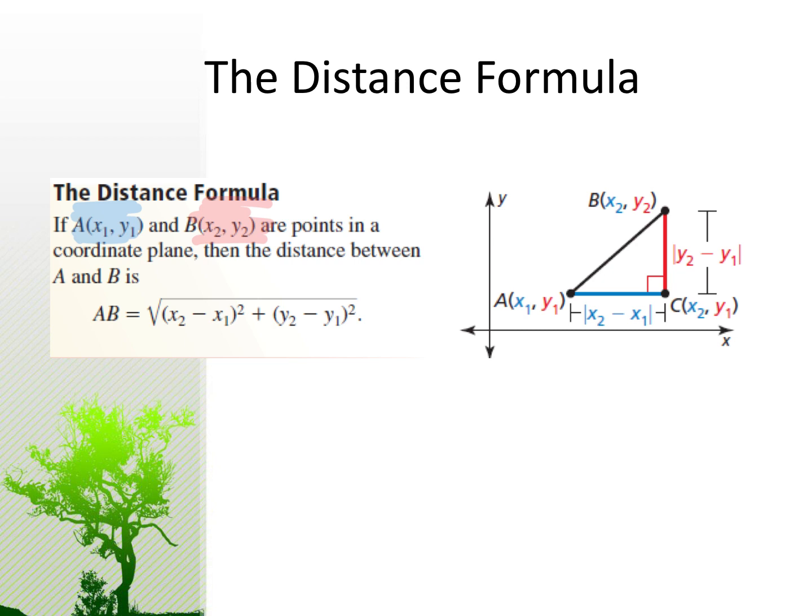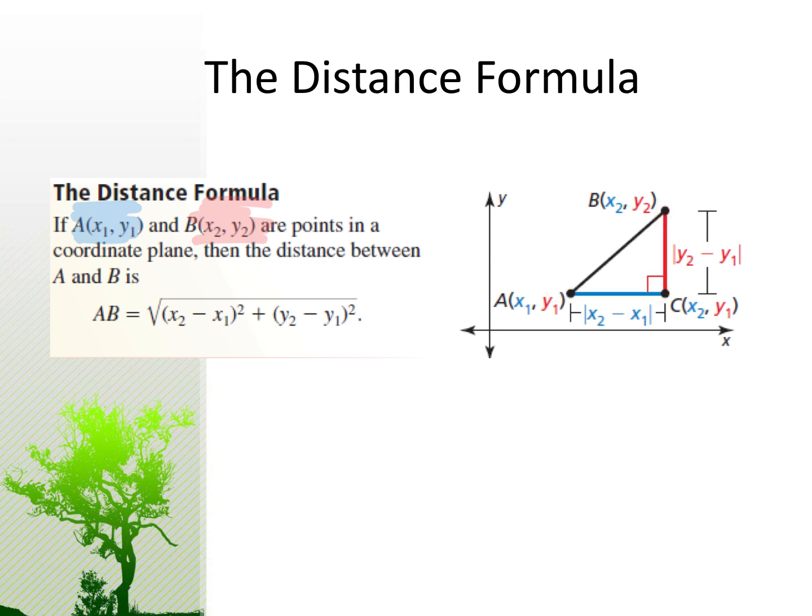When we found the distance of 2 segments before, most of the segments that I had you graph were either horizontal or vertical lines. Whenever you have something that's horizontal or vertical and it's on a coordinate plane, you can count the little boxes.